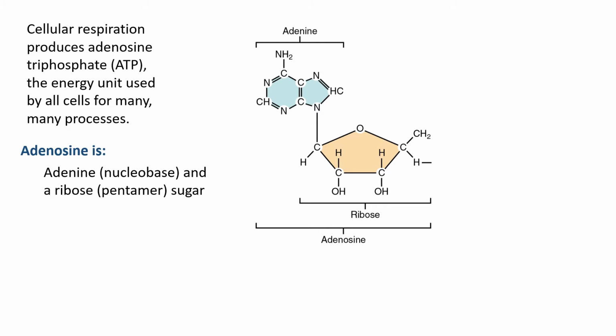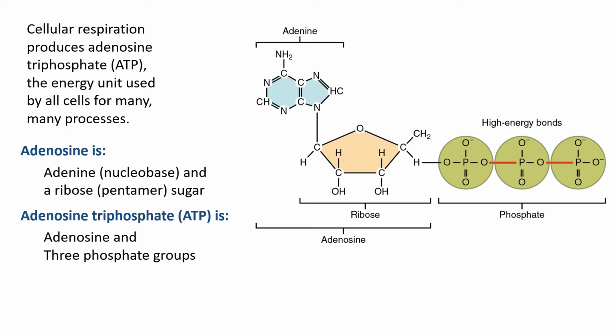So we have adenine, and bound to that we have a 5-sided pentamer ribose sugar. Those two bound together give us adenosine, and adenosine can exist in that form. We will come across it later in clinical reasoning in particular, and its role there.